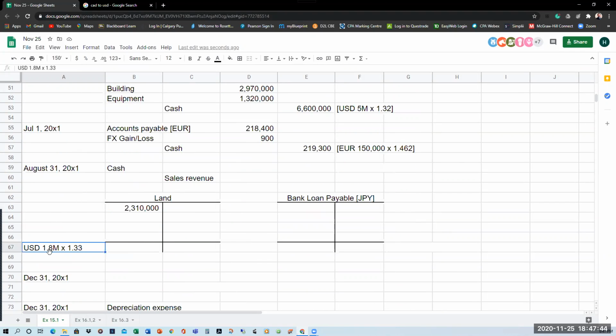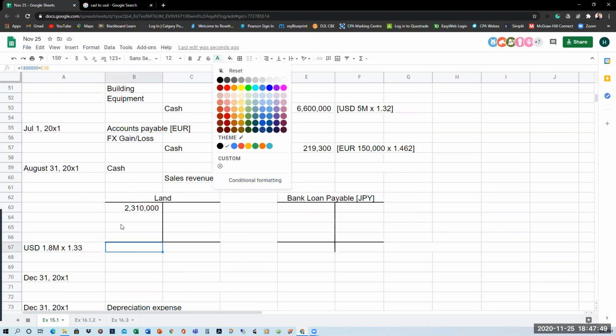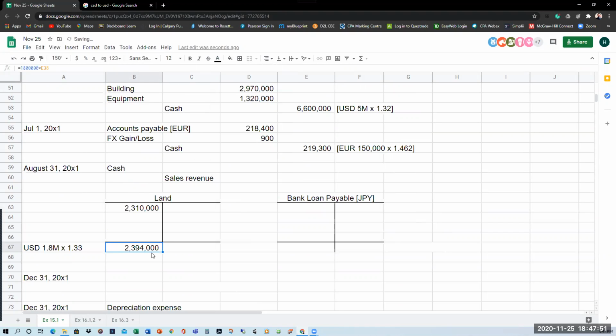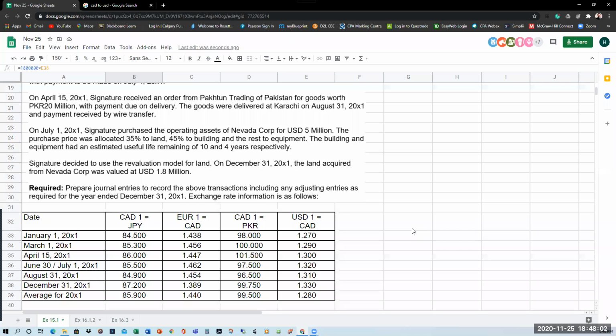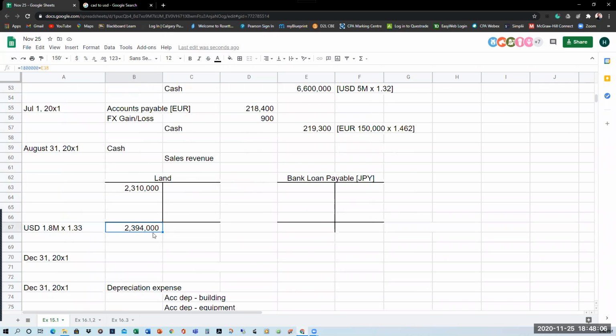And so you multiply 1.8 million by the 1.33 exchange rate, you get $2,394,000. So the land will be reported on the balance sheet of this company, Signature Limited's balance sheet, at 2,394,000 Canadian dollars, because that's how many Canadian dollars 1.8 million US dollars is worth.